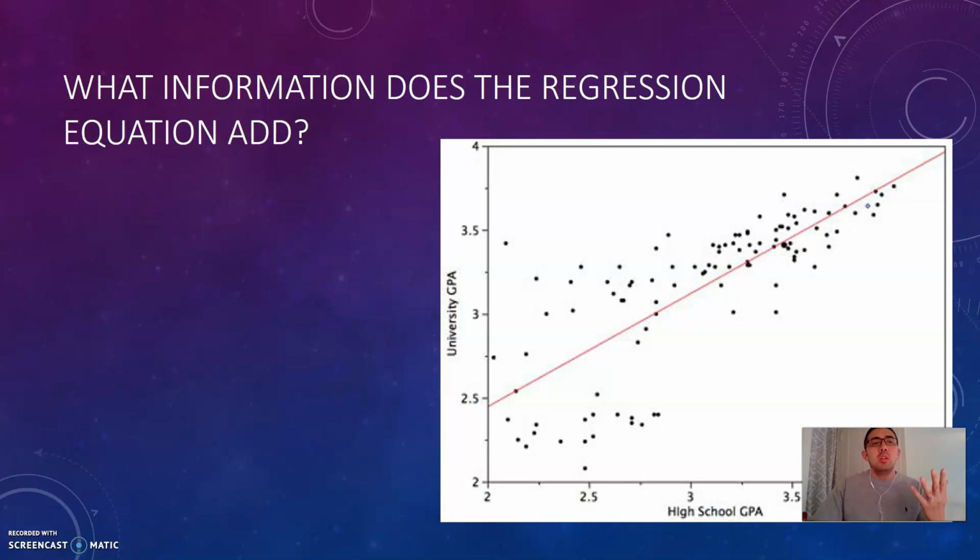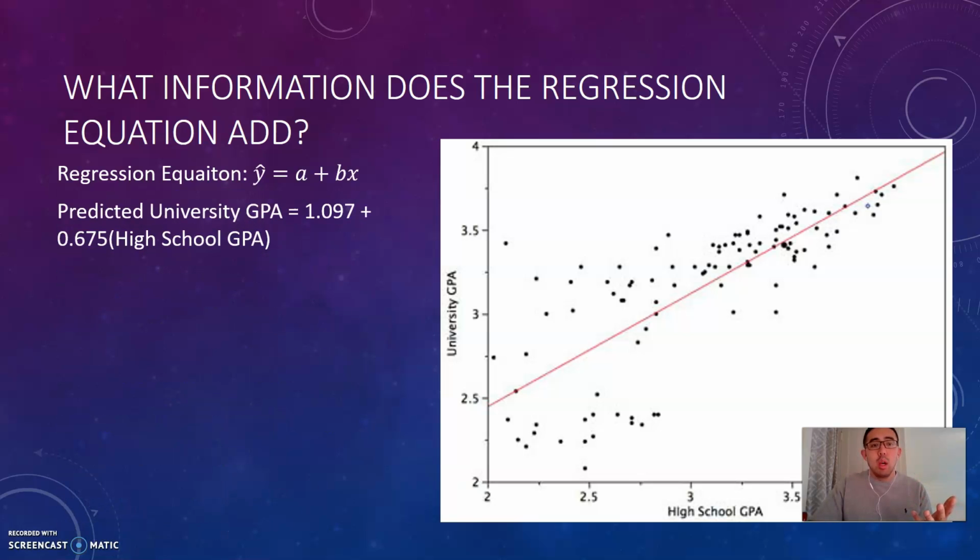What information does the regression add to what we already know? Here's my regression equation. My predicted university GPA is equal to 1.097 plus 0.675 multiplied by my high school GPA.